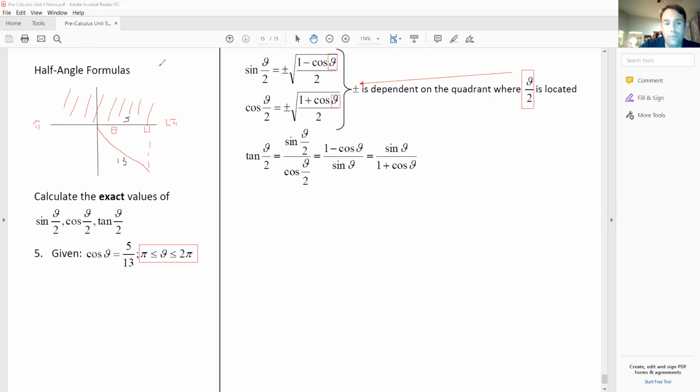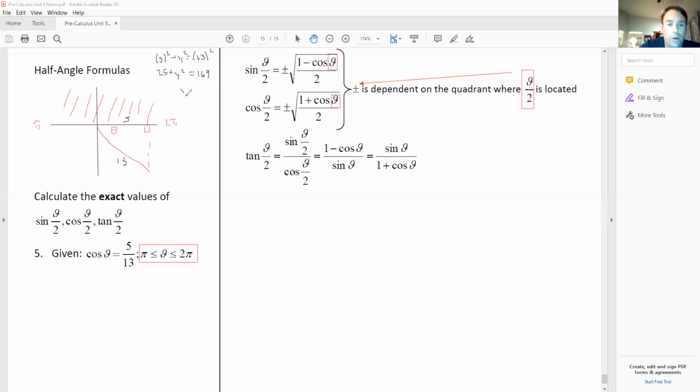So I've got to figure out the y value real quick. So 5 squared plus y squared equals 13 squared. So when we get that, we get 25 plus y squared equals 169.